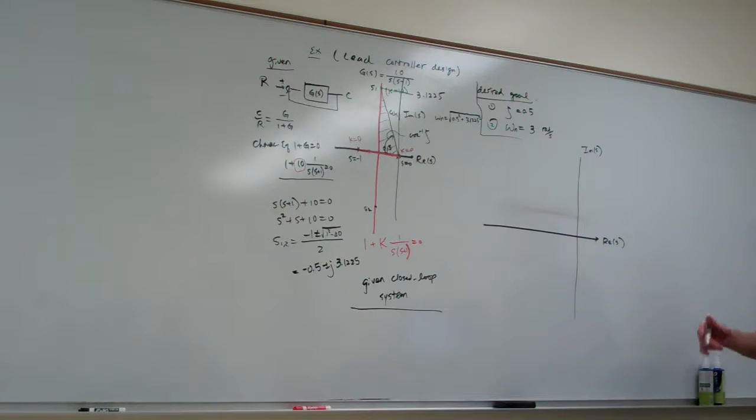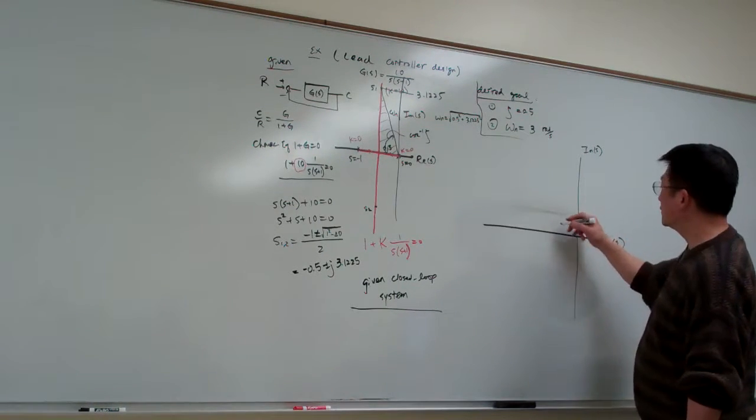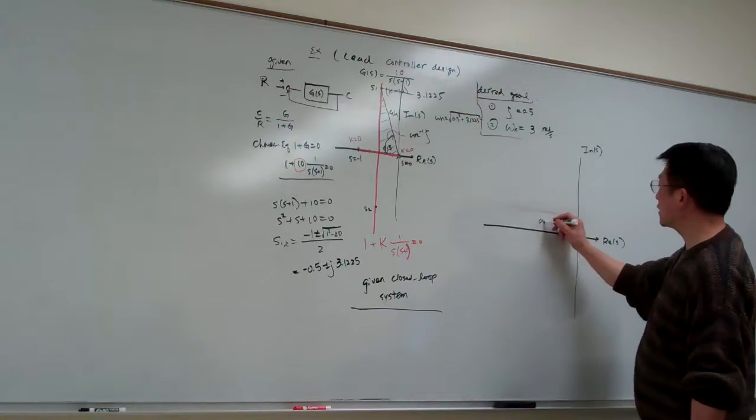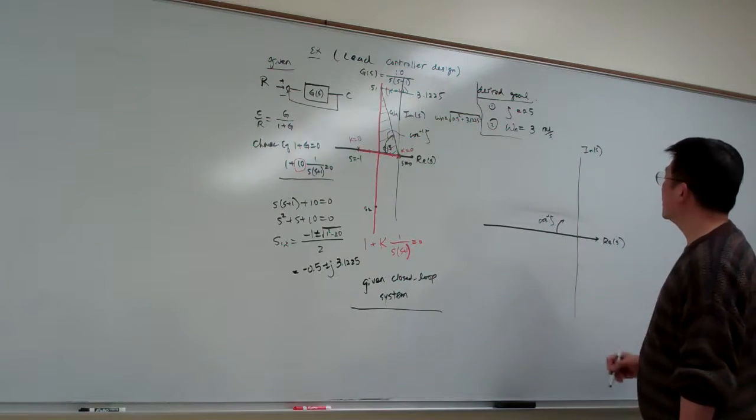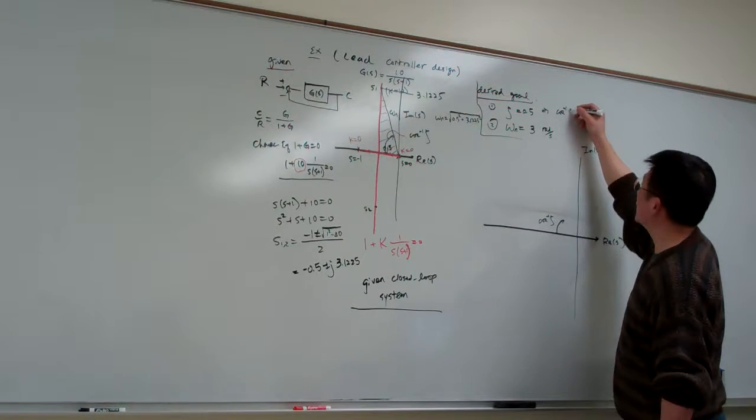Okay, so first one from here we defined our desired information. So the angle measured from here is a cosine of zeta. So here we can calculate a cosine of zeta equal to how much?